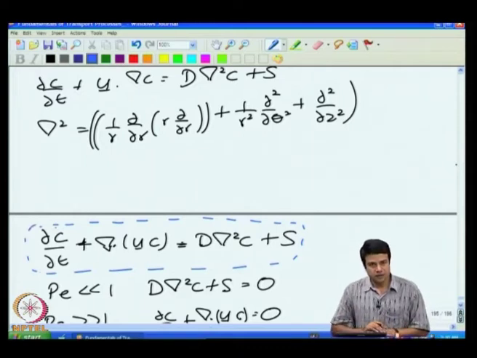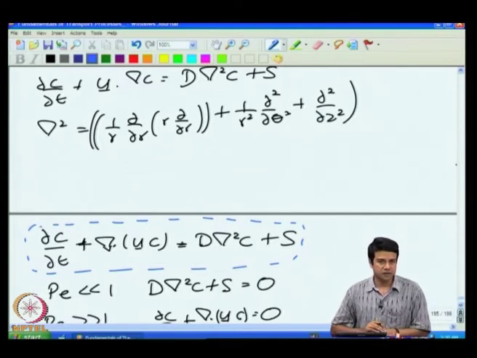The terms on the left have the general form of divergence of velocity times concentration or divergence of velocity times temperature. The term on the right is a diffusion coefficient times the Laplacian of the concentration or temperature fields. Note the dimensions here. The first term is concentration divided by time.